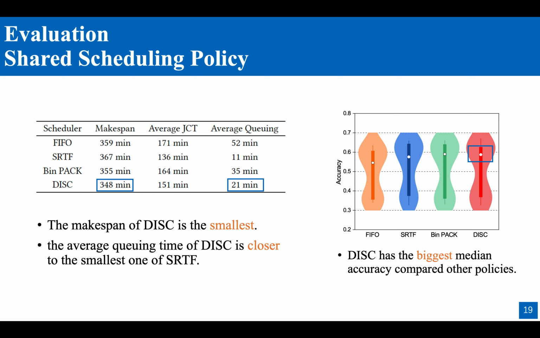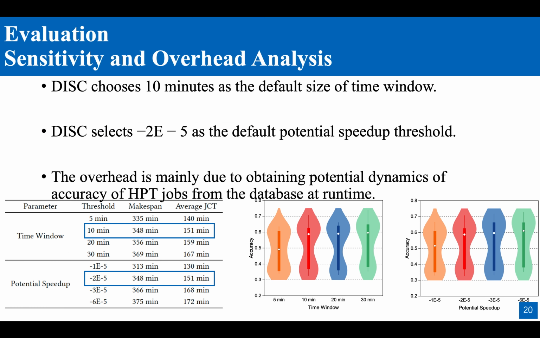Since DISK adopts a relaxed BIMPACK strategy, the memory utilization is higher. As a result, the average queuing time of DISK is closer to the smallest one of SRTF. The right figure shows the trace-based experimental results on the accuracy. DISK has the biggest median accuracy compared to other policies.